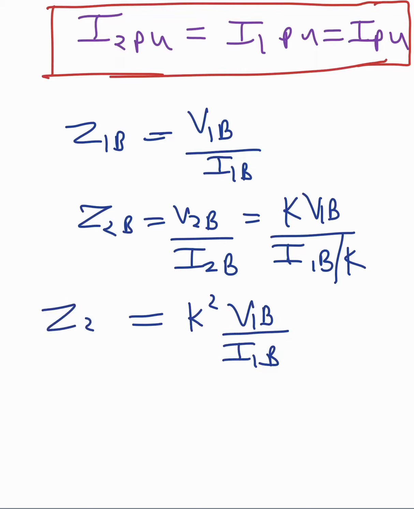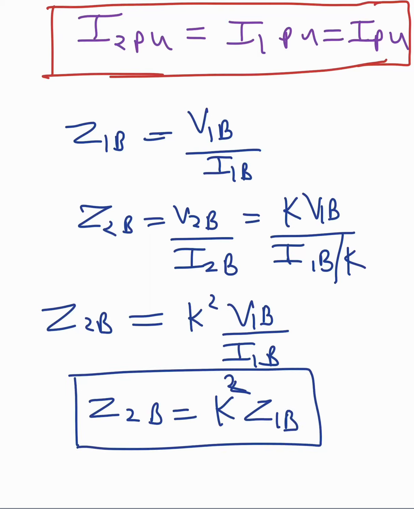That is Z2B. So Z2B is equal to K square into Z1B. That is the equation.